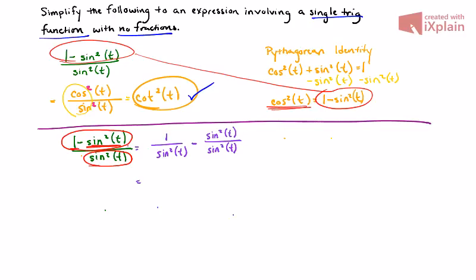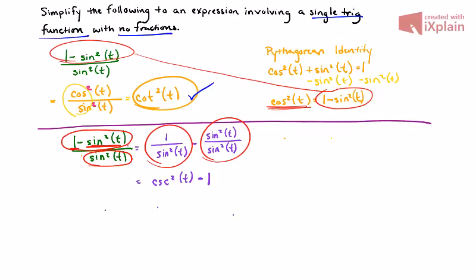Okay, so first off, let's take a look at term 1. I have 1 over the sine squared of t. Well, I can tell you by using our trig identities that this is the same thing as the cosecant squared of t. That minus sign goes along for the ride, and now we have a sine squared of t over the sine squared of t. Well, that boils down to a 1.